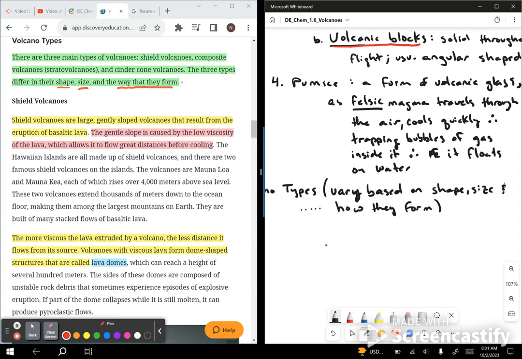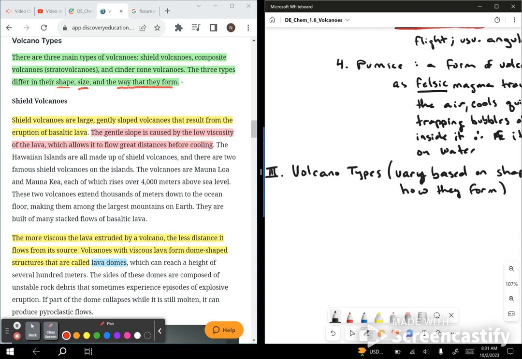The first type we have is a shield volcano, letter A. These are, as you can see, highlighted here largely. They're large, gently sloped volcanoes that result from the eruption of basaltic lava.